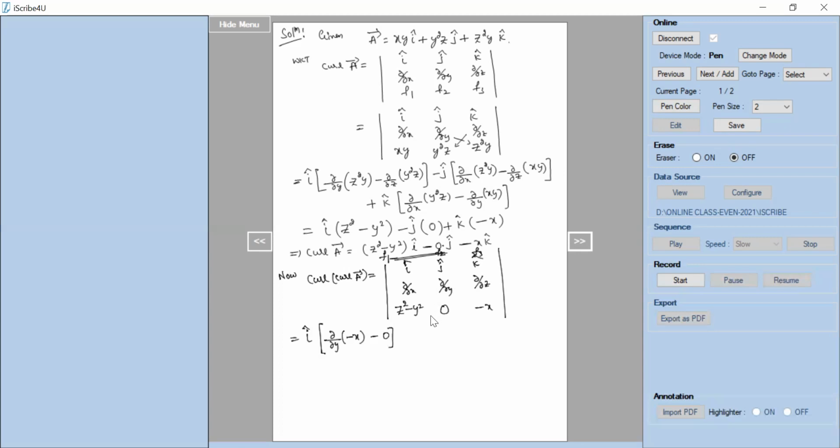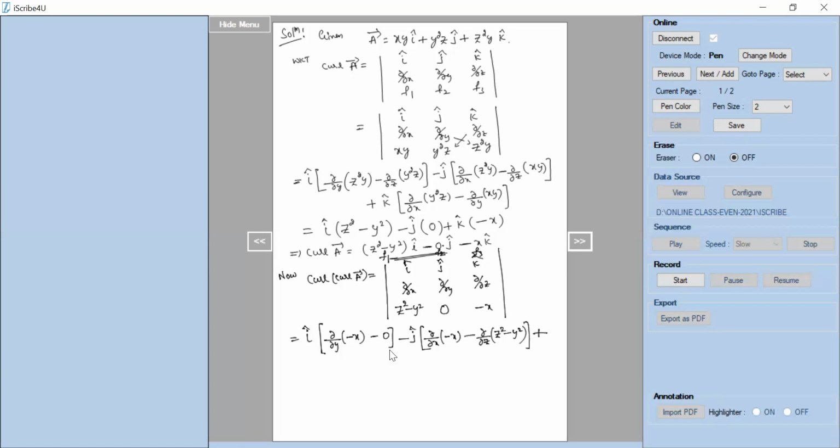Next, minus j cap into, leave this column, leave this row: dou by dou x of minus x, minus the cross product of this, dou by dou z of z square minus y square.